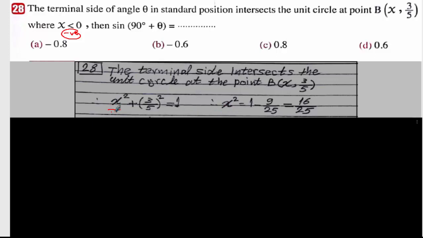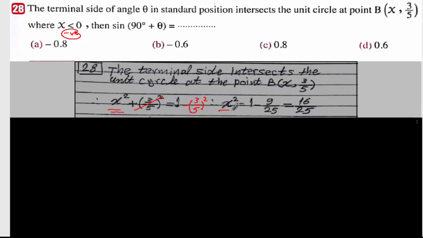So x square equals 1 minus 3 over 5 all square. So we get x square equals 1 minus 9 over 25, which equals 16 over 25.